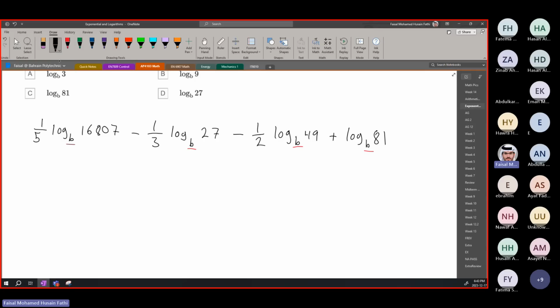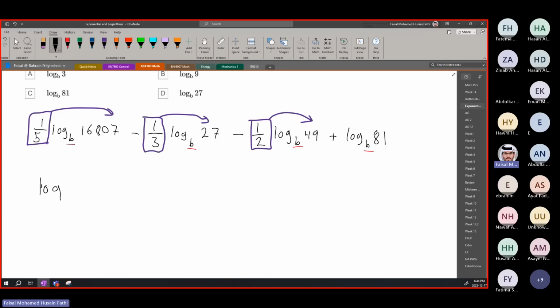Second thing we do, we take all these constants and make them into powers inside the logs. We don't have anything here, so we're going to take them as powers into the logs to make our calculation easier.